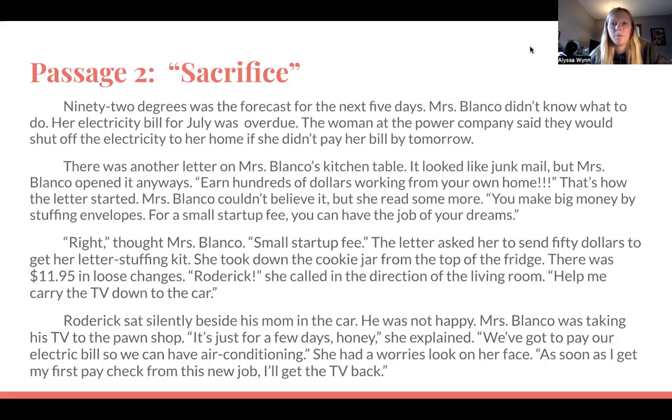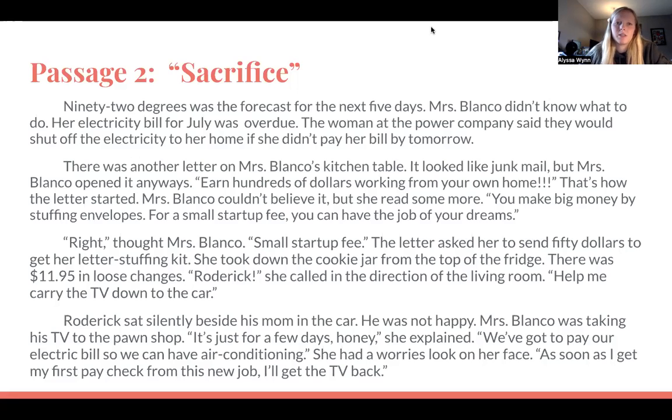It looked like junk mail, but Mrs. Blanco opened it anyways. Earn hundreds of dollars working from your own home? That's how the letter started. Mrs. Blanco couldn't believe it, but she read some more. You make big money by stuffing envelopes. For a small startup fee, you can have a job. You can have the job of your dreams.